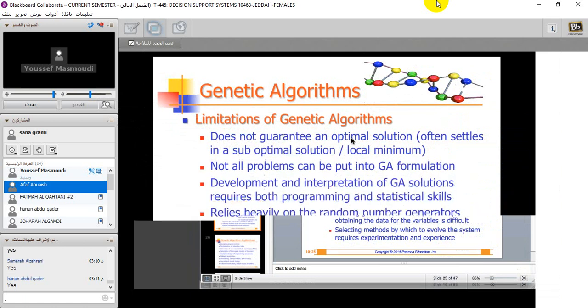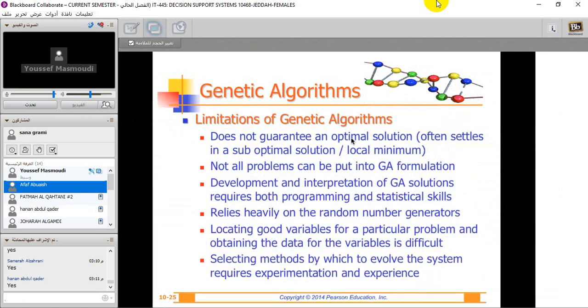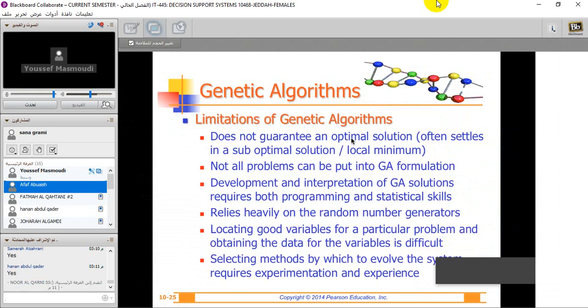So, we talked in the previous lecture about the well-known meta-heuristic called genetic algorithm, which is an algorithm inspired from the genetic phenomenon.